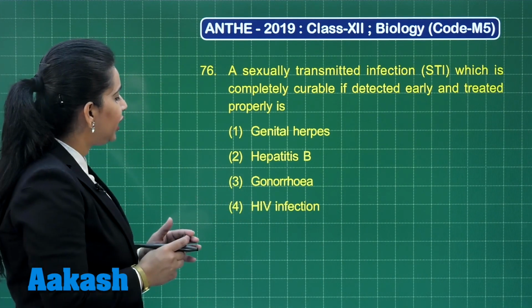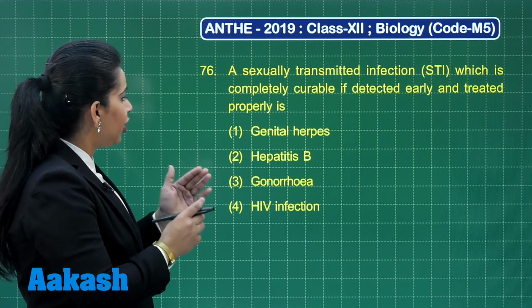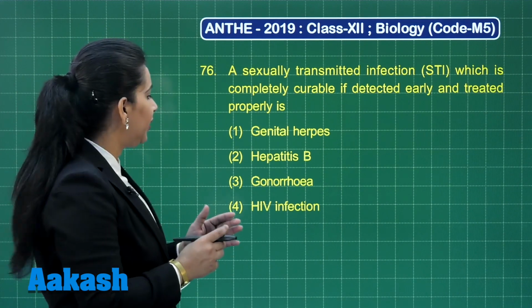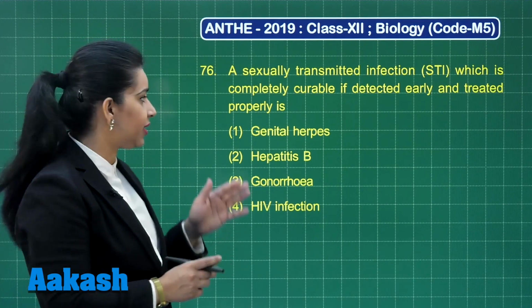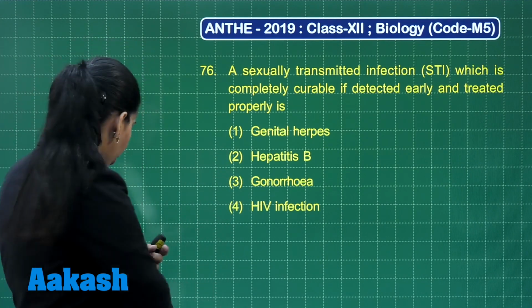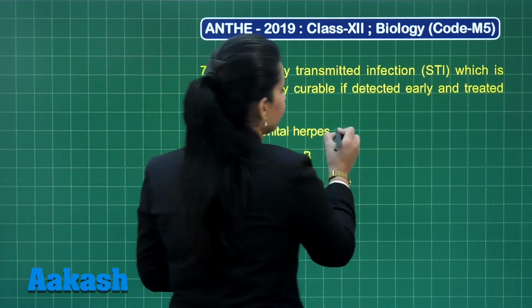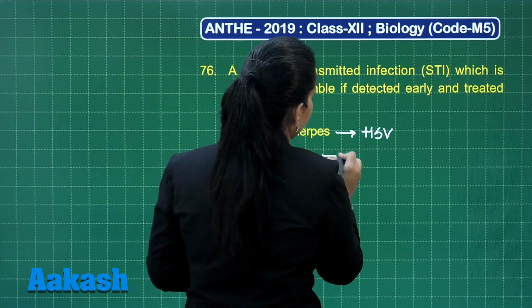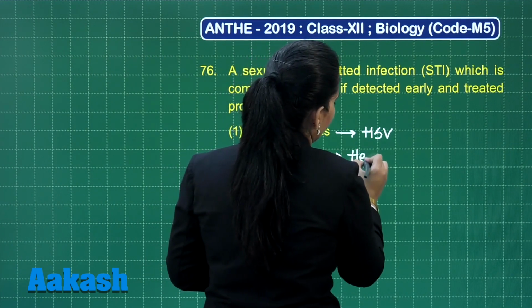Now out of these 4, the first, second and fourth options are viral diseases, while the third one is a bacterial disease. Genital herpes is caused by herpes simplex virus, while hepatitis B is caused by hepadnavirus.